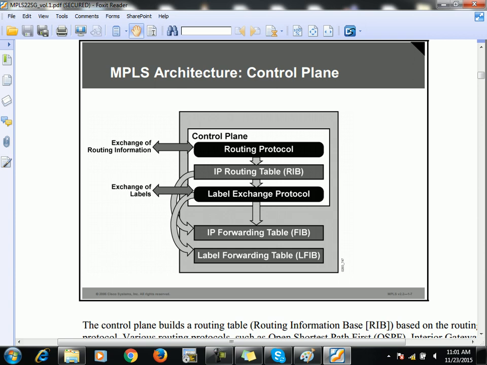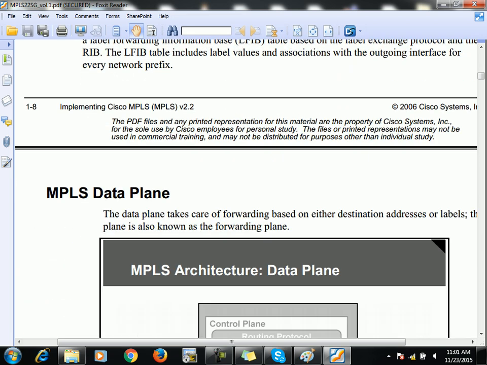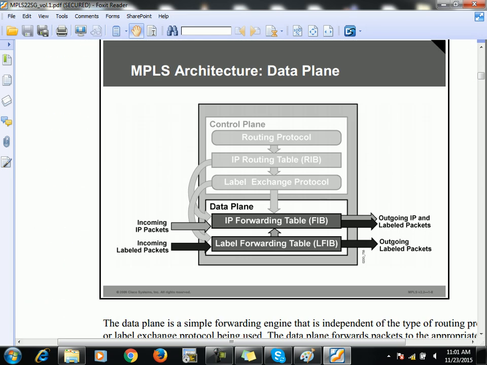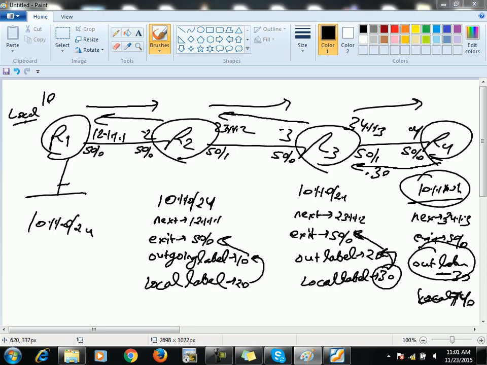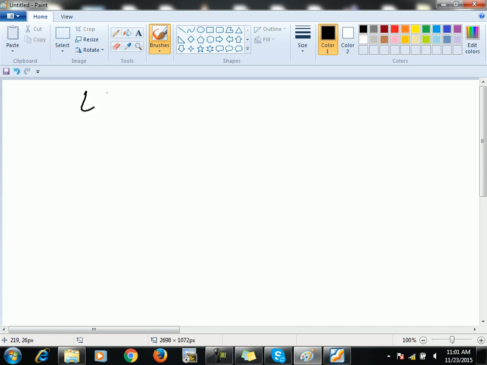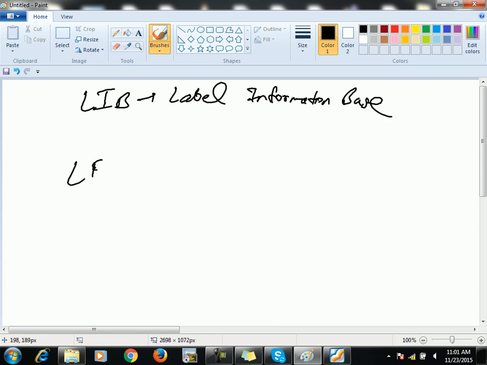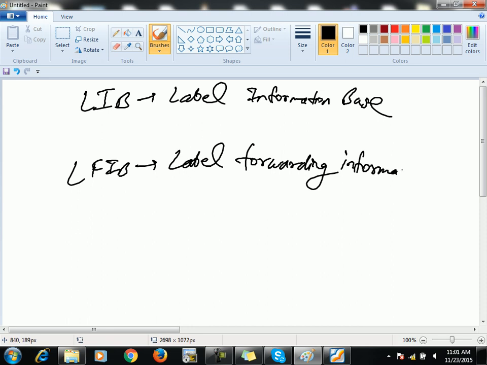But in MPLS, there will be two things now: LIB, label information base, and another one called LFIB, label forwarding information base.